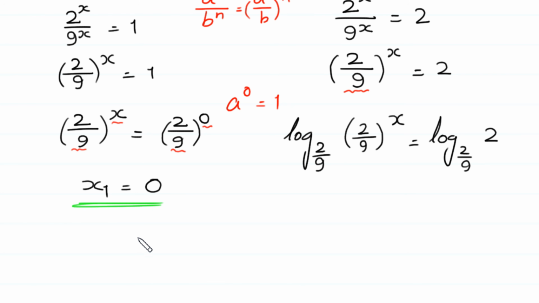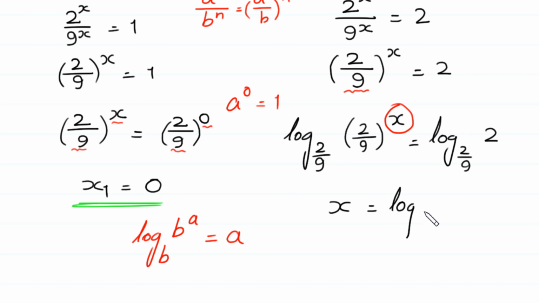Now according to this log property, log base b of b to the power a is equal to a. This log base 2 over 9 of 2 over 9 to the power x is equal to this x. So x is equal to log base 2 over 9 of 2. This is the second solution of this equation.